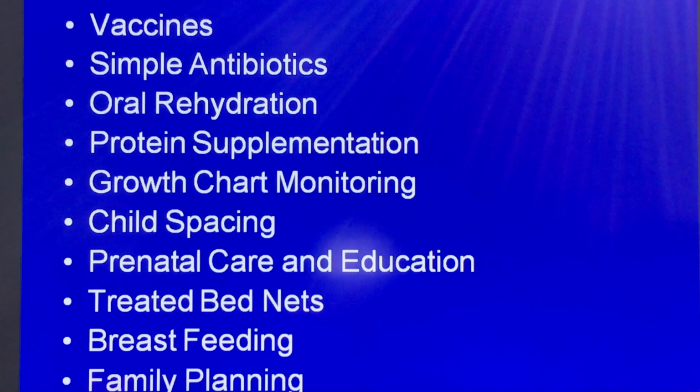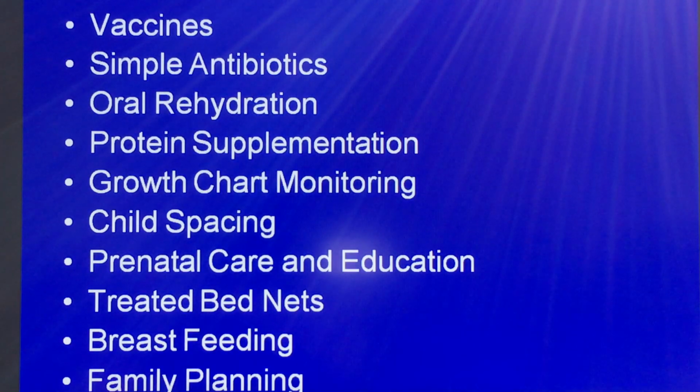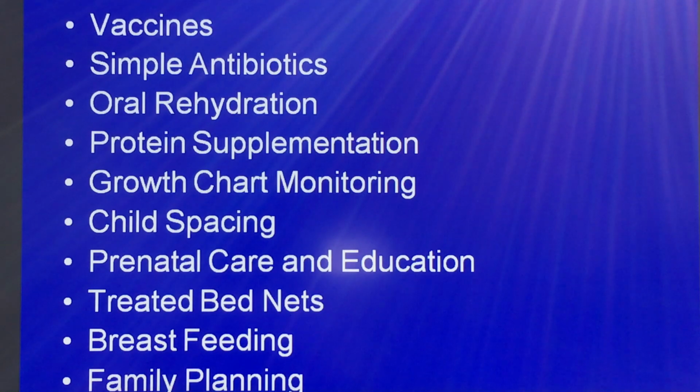Child spacing has been shown to be good for the mother and for the children. The situation is basically a mother that has a child every year or every 15 months. That's a huge stress on a woman's metabolic processes, and can result in her own malnutrition and disease entities like malaria and other particular problems.